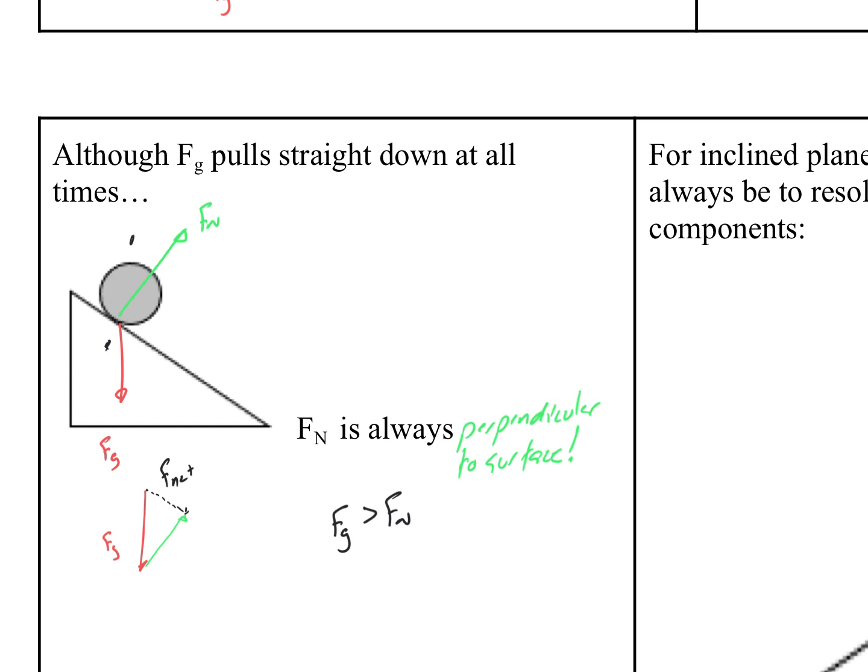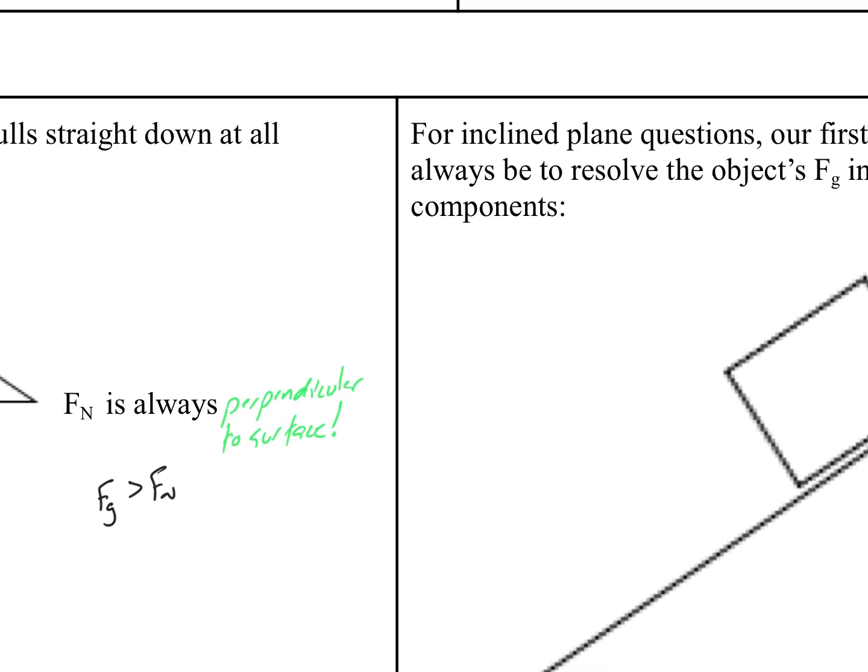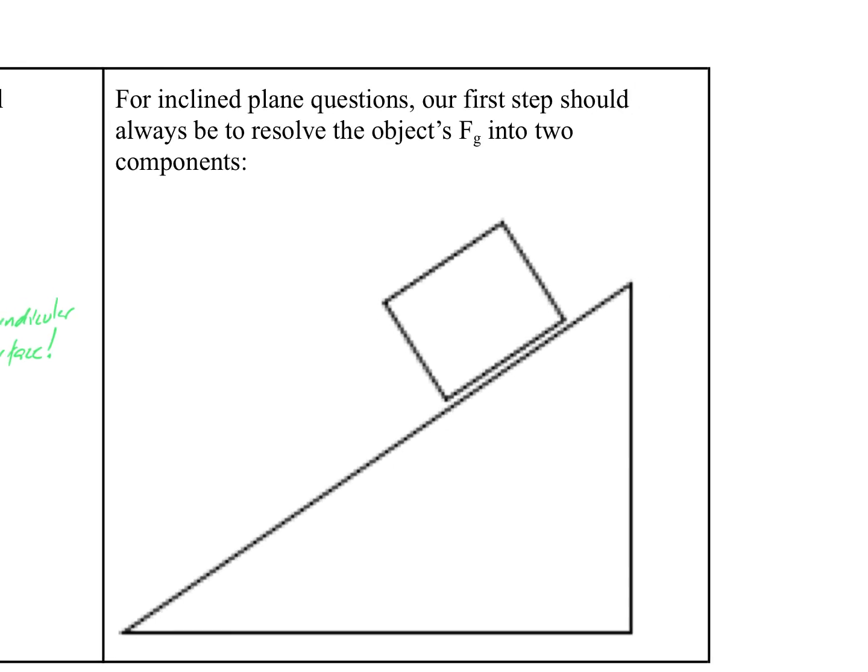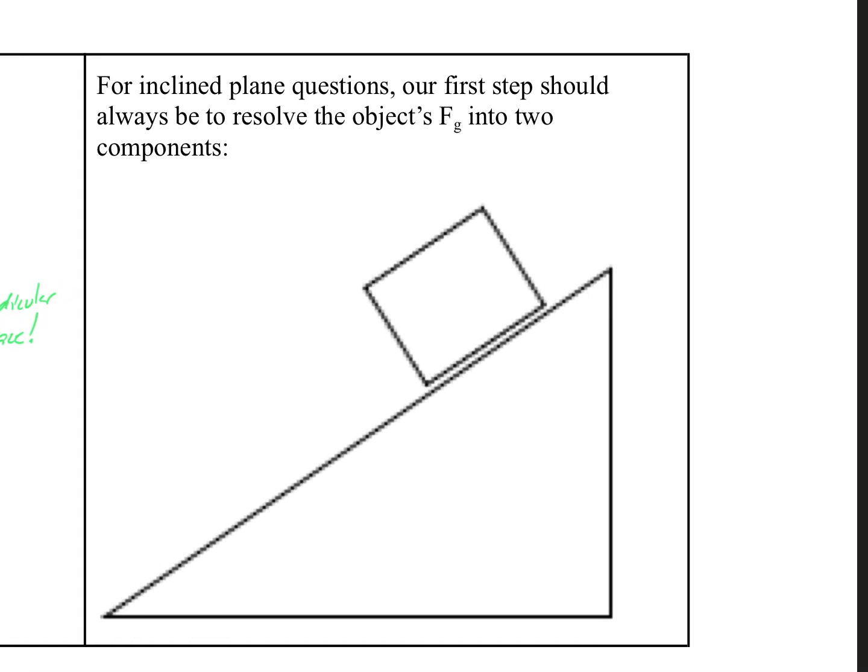So when we start talking about how these things are set up, we have to realize where things are pointed. So for an inclined plane, we always need to be able to resolve the weight of the object into its components, along with all of the other forces acting on the object. So for this object here, we have our mass on here.